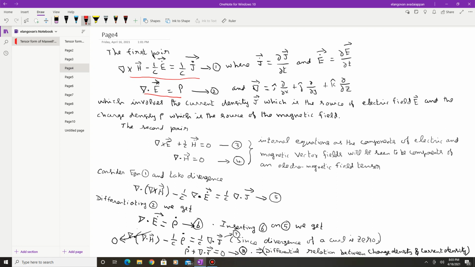Current density is the source of the magnetic field, and rho is the charge density, which is the source of the electric field. Therefore, equations 1 and 2 are called the source equations. So the first pair we usually call the source equations.